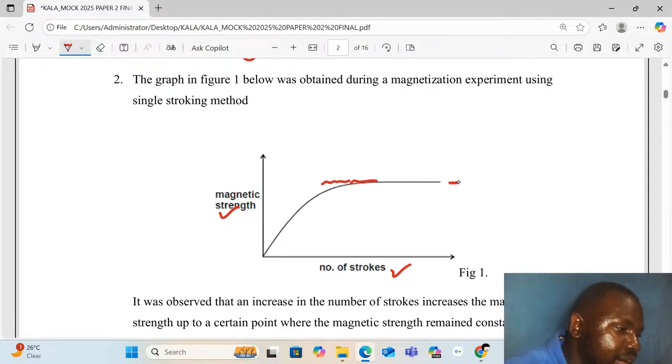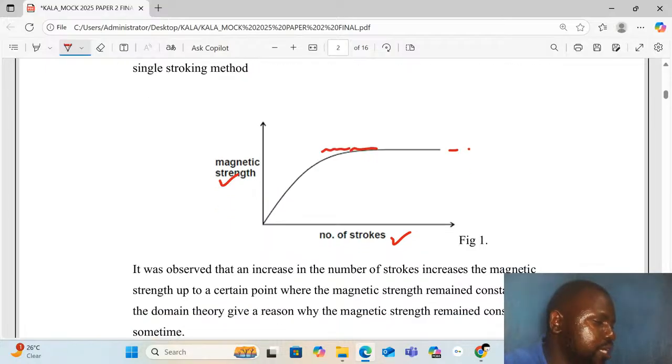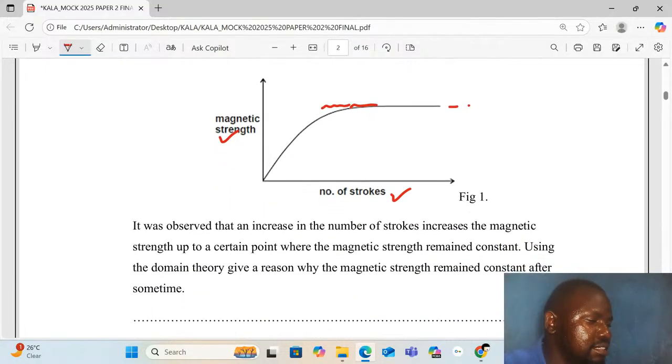This part is flattening. So it's like the moment you magnetize an object, it will come to a time when you cannot magnetize it further, and there is always a reason behind the same. It was observed that an increase in the number of strokes increases the magnetic strength up to a certain point where magnetic strength remained constant.